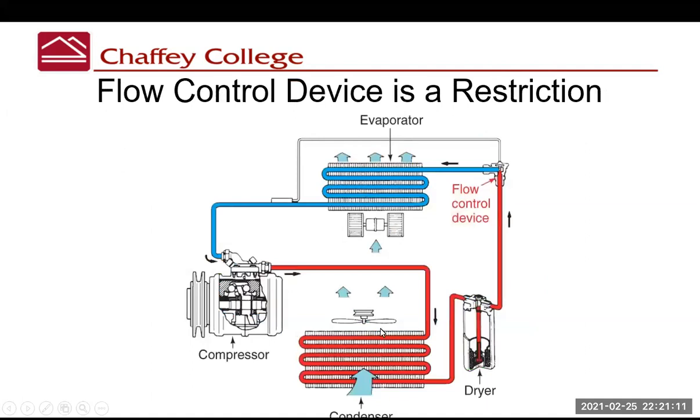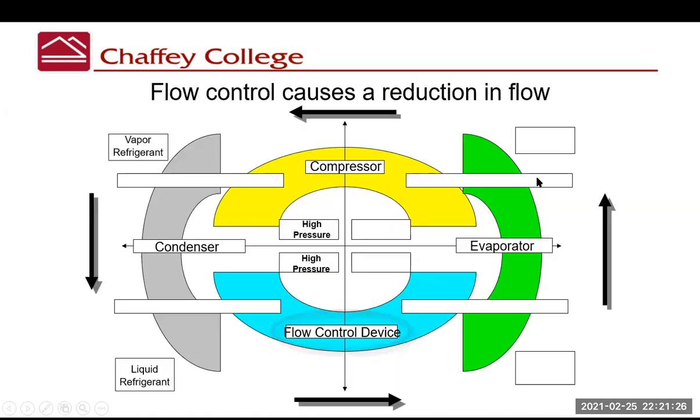Next, we're going to go from the condenser through the flow control device, or this restriction. This is a restriction. It's not a stop sign. It's just changing 4 lanes on the freeway into 1. So that causes a reduction in flow. So out of the condenser, we have this high pressure liquid. It meets this restriction, this reduction in lanes.